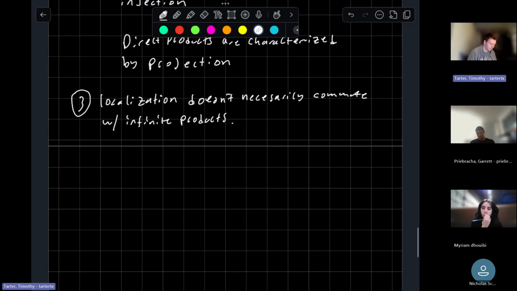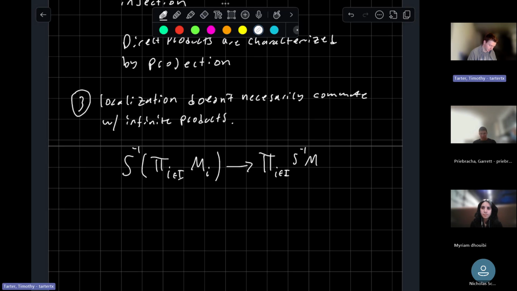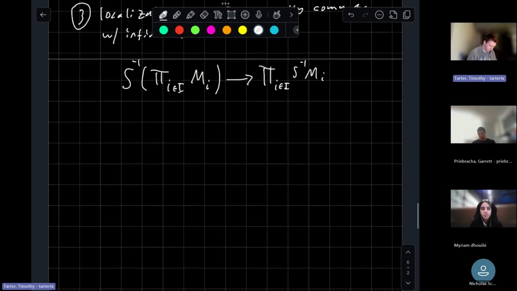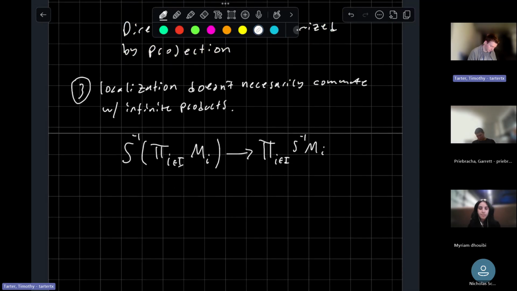And so basically the way that this happens is that S inverse times the product over i in I of A-modules M_i, to the product over i in I of S inverse M_i, isn't strictly an isomorphism.